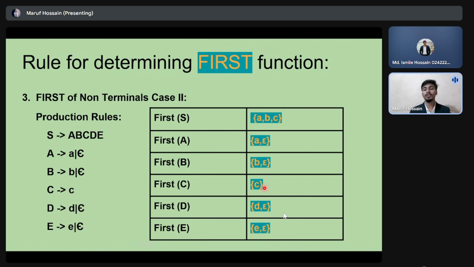That means here we have to stop. So finally, we get the first set for non-terminal S is small a, small b, and small c. Thus, we can find the first set for any non-terminal. For further discussion, I'd like to invite Shimanto.